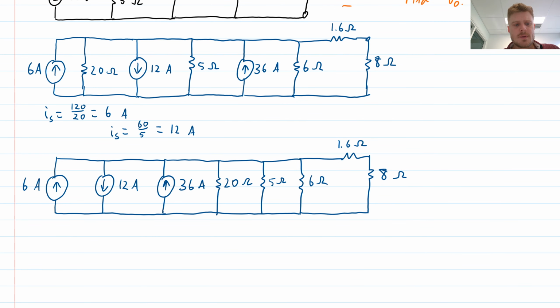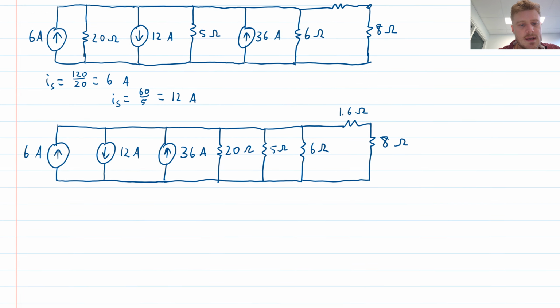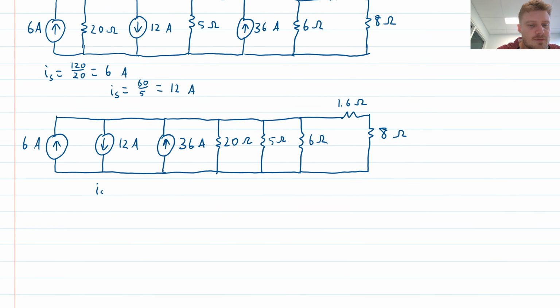Now that I have all my current sources together, you should be able to recognize that they can combine additively. This is just using KCL: I can look at all the currents that are flowing in and combine them, and then subtract off the currents flowing out. So I will have an equivalent current source, which, if positive is up the page, is 36 plus 6 minus 12.